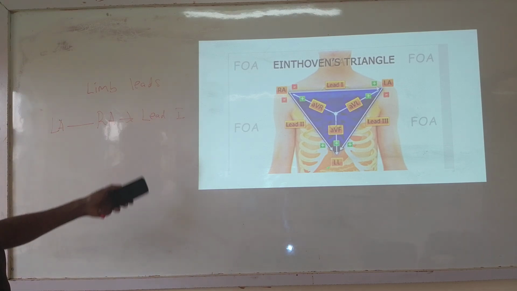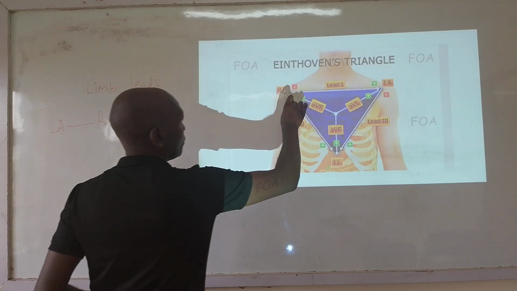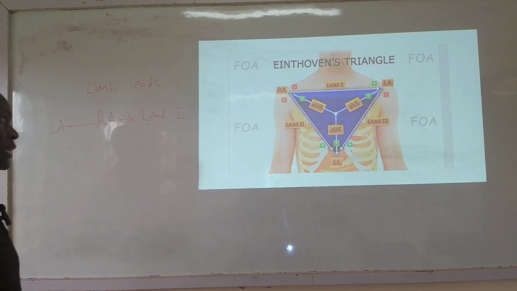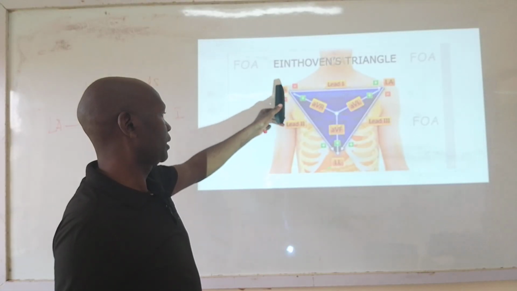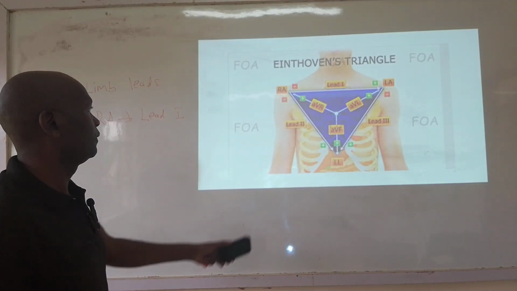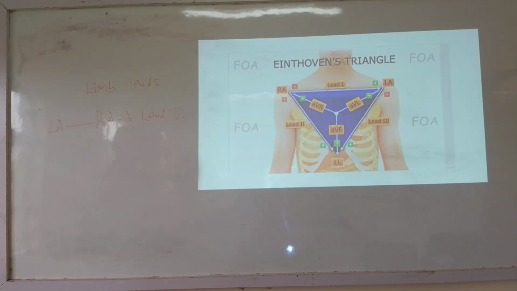And lead 1, it picks signals on the superior surface of the heart. If you connect another electrode from here to here, it will give you lead 2.